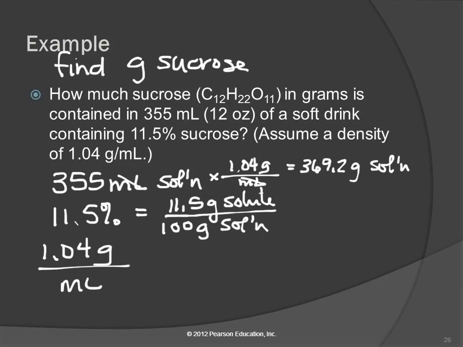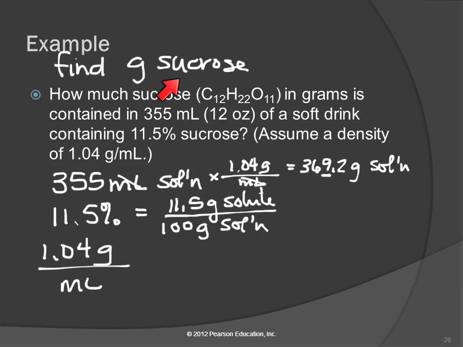How many sig figs should that number have? 3. 355 and 1.04 both have 3 sig figs. So I'm going to underline the 9 here. I'm going to let the 2 hang around, but I want to remind myself that that number only has 3 sig figs.